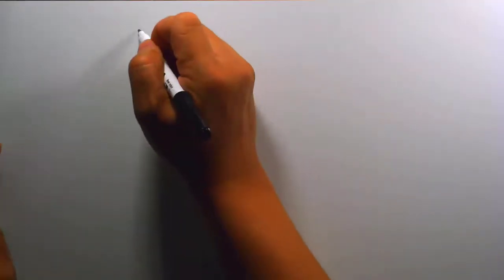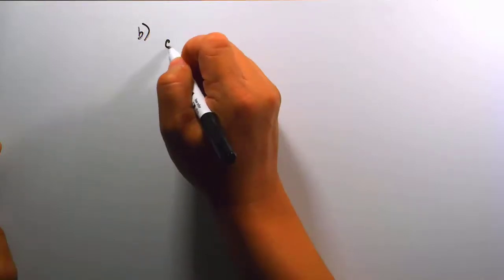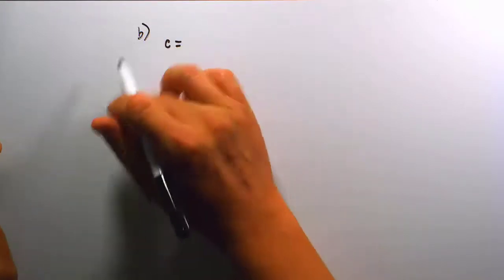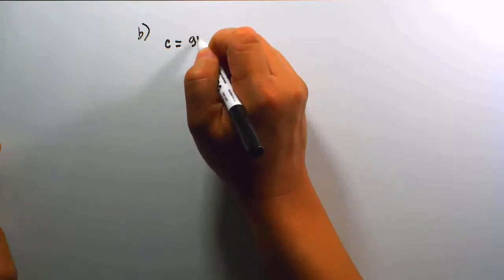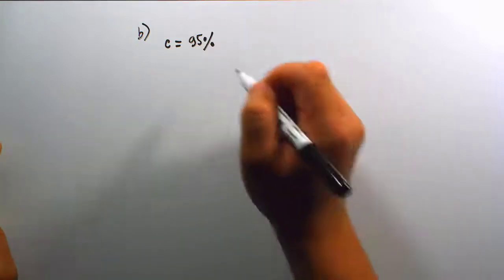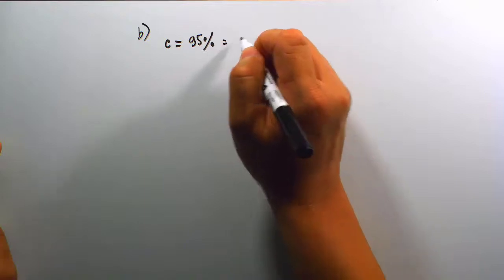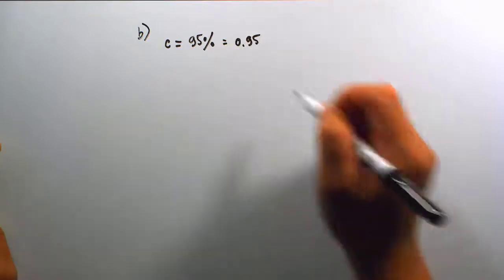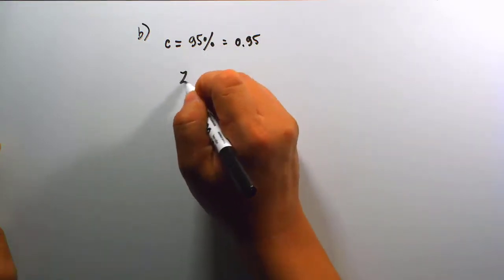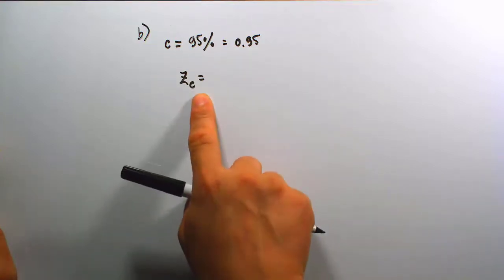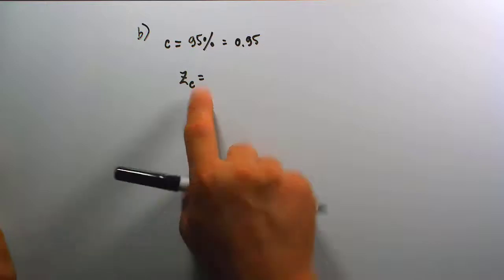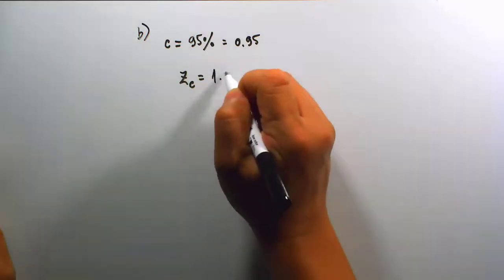And now let's look at the confidence level in problem B that we've already finished of example 1. It was 95% confidence level, or in decimal 0.95. The z sub c that we calculated there in part B was 1.96.